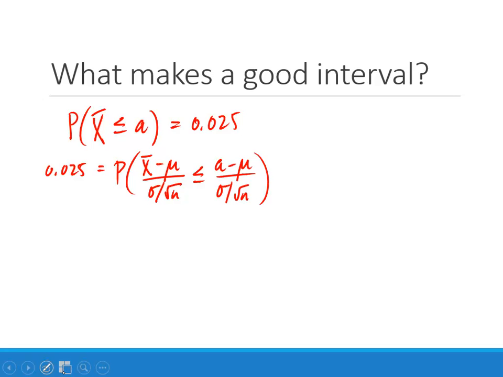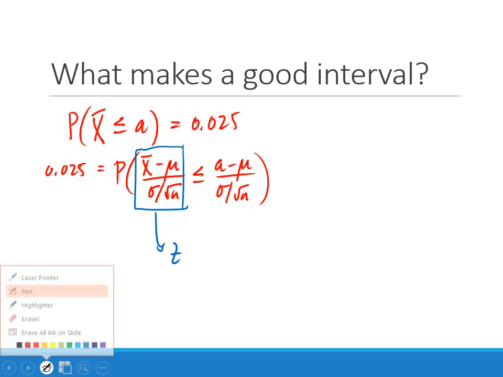And so, see if you're awake this morning, what is the distribution of the thing in the blue box? Right, this is a Z. This is my standard normal random variable because x bar was normal to start with.